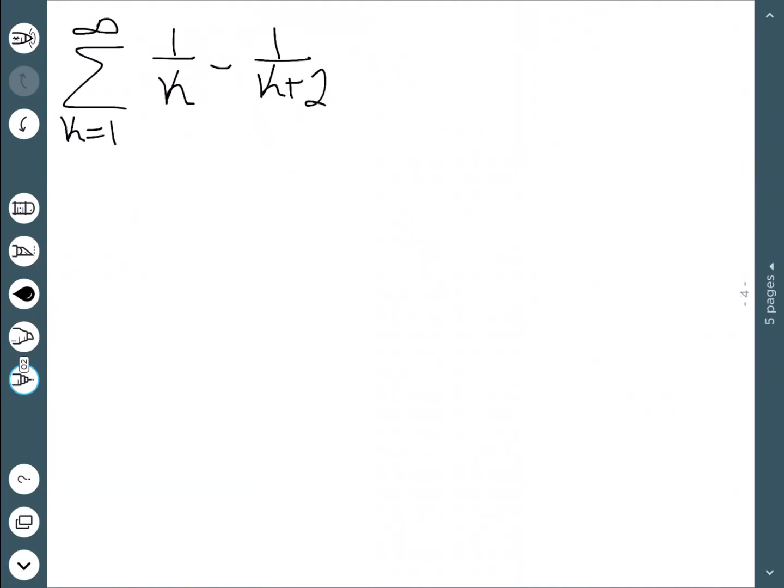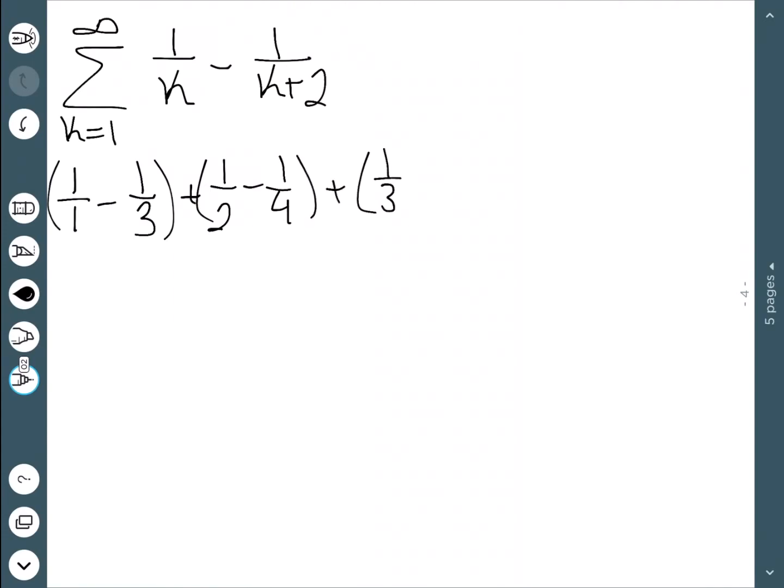Let's do one more. 1 over k minus 1 over k plus 2. If I write out terms, I'll have 1 over 1 minus 1/3 plus 1 over 2 minus 1/4 plus 1 over 3 minus 1/5, etc. And this time I'm going to write two terms at the end.